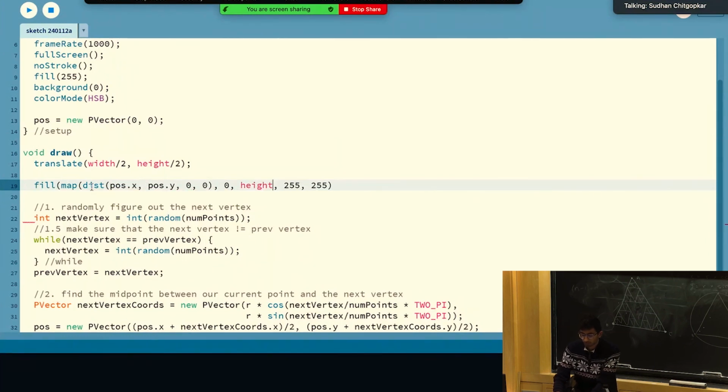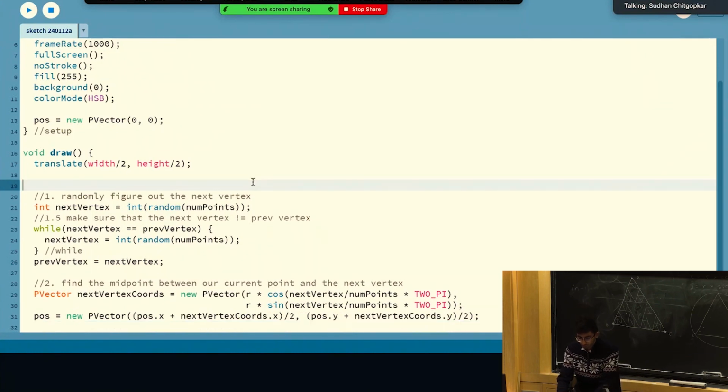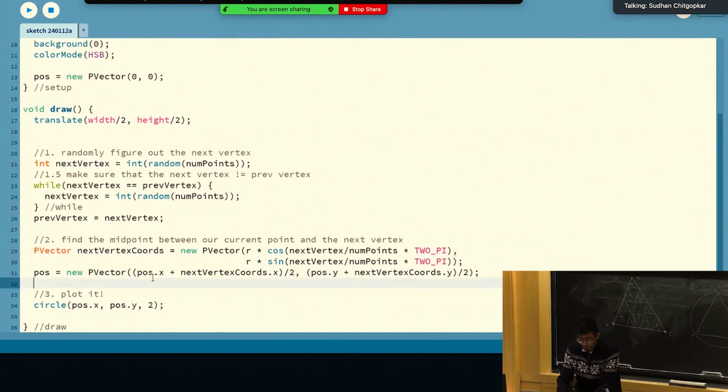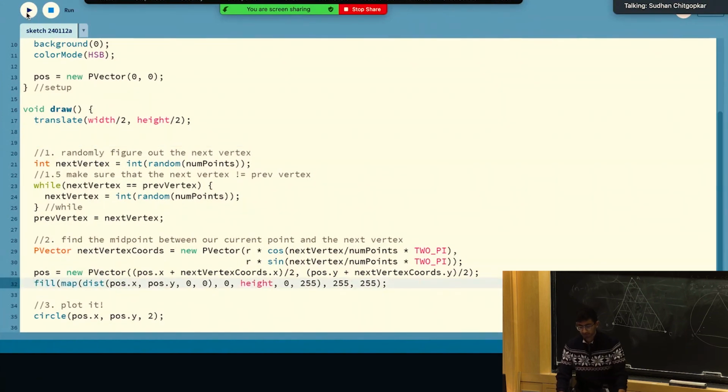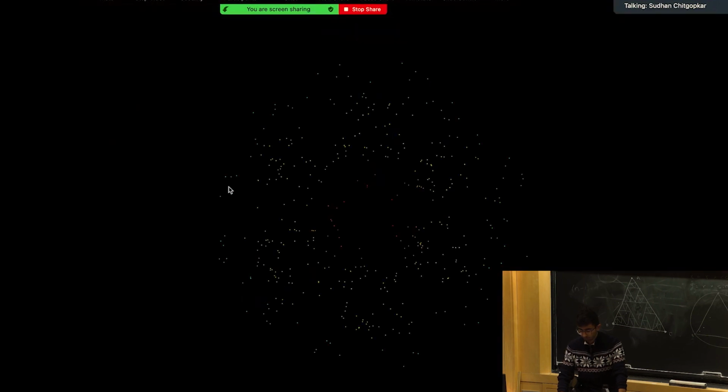So we're going to map the distance of our circle from the origin, from 0 to height, to a value between 0 and 255. And really this should be down here because we set our position down here. So let's go ahead and run this thing.